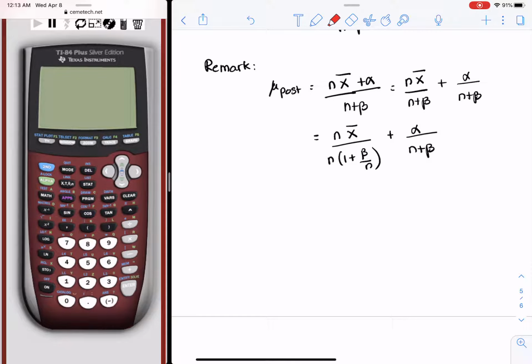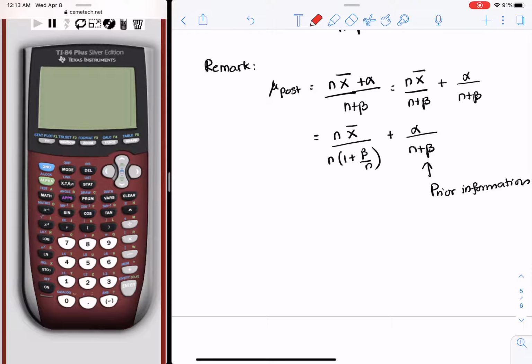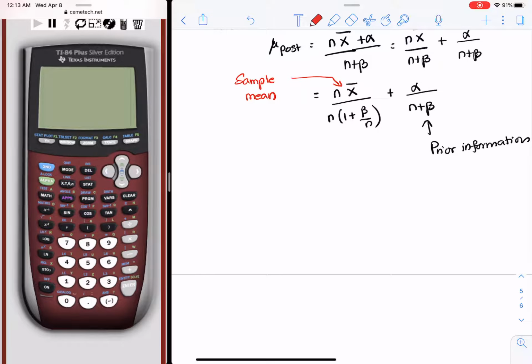Mind you, this second term is the contribution of the prior. So that would be prior information. And that right there is the sample mean. And the beta in the denominator is from the prior also.